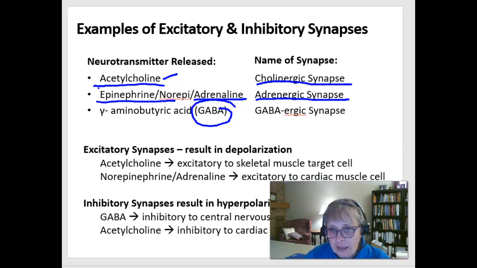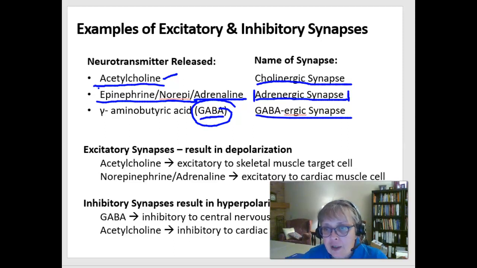So they're related. Epinephrine, norepinephrine, and adrenaline we all refer to as an adrenergic neurotransmitter, neuron, and synapse. GABA is a GABA-ergic synapse. So when the neuron releases GABA, the synapse it makes is called GABA-ergic.